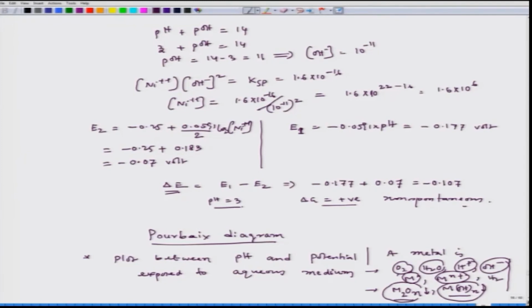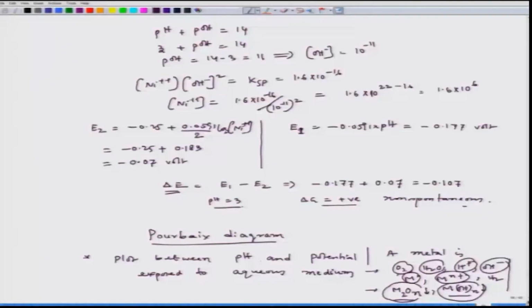There could be hydrogen evolution also when a metal is dipped in an aqueous medium. Just like zinc, when it is exposed to dilute HCl, where pH is less than 7 and acidic, we see that hydrogen bubbles form, and of course, Zn plus ion also forms.